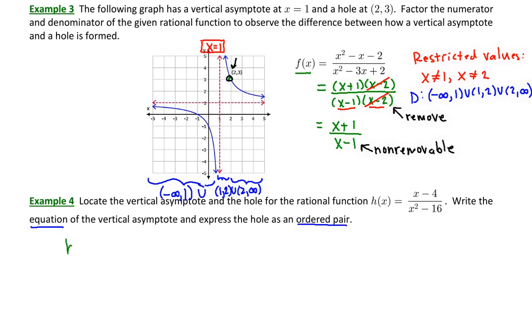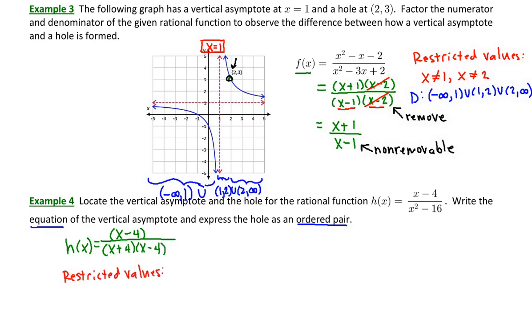So we have the function h of x, and we want to write it in factored form. On the top, we have the factor x minus 4. The denominator is the difference of two squares, which we can factor as (x + 4)(x − 4). So notice we have two factors in the denominator. So at this point, we have two restricted values.